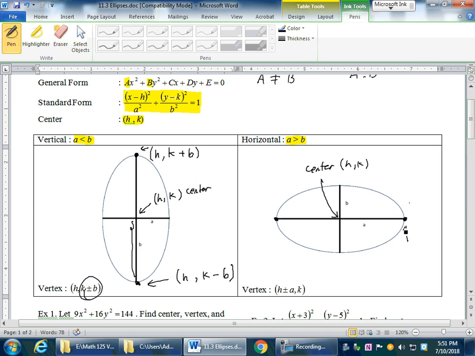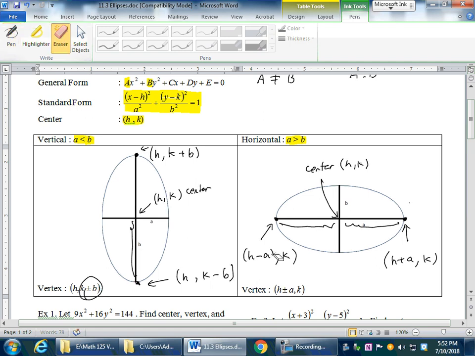So this vertex is H plus A comma K, because it's A units away, and then A units left from the center, so it's H minus A comma K. That's how we got this formula, with plus or minus on the H part.